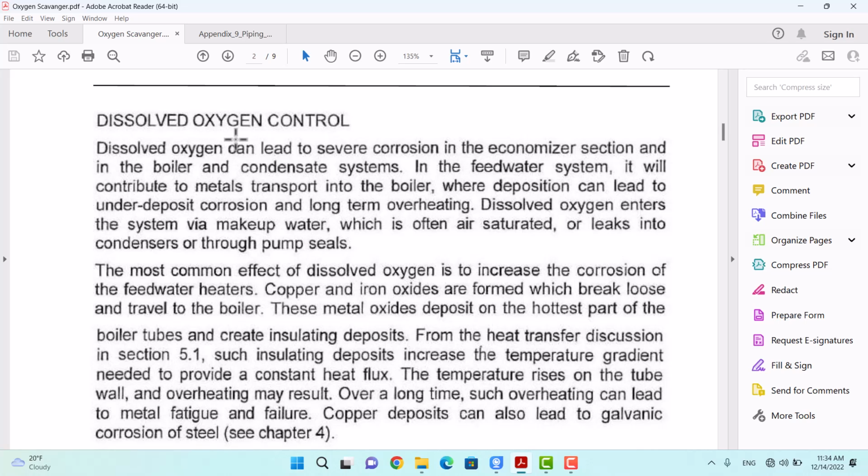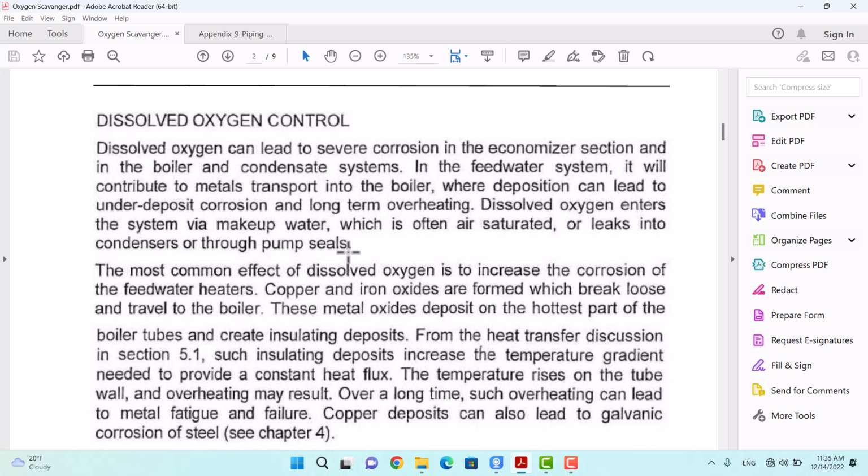Dissolved oxygen control. By the way, before starting these episodes, I want to emphasize this reference, AWT, Association of Water Technologies. This is one of the best references for chemicals.